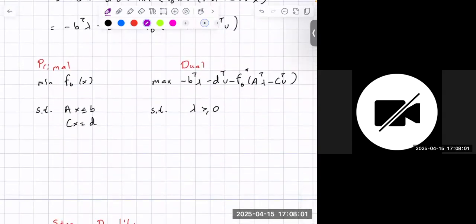This was your primal. Okay. Some function minimization with respect to these constraints. The Lagrange dual of this problem turns out to be expressed by this Fenchel dual thing that we just saw the definition of, okay? It comes out exactly like this.